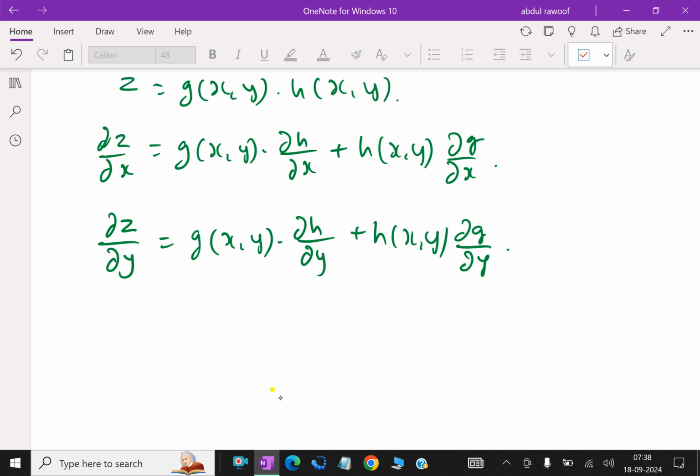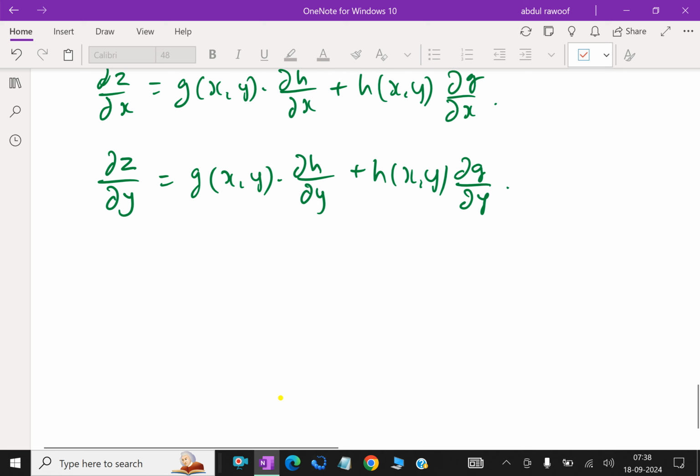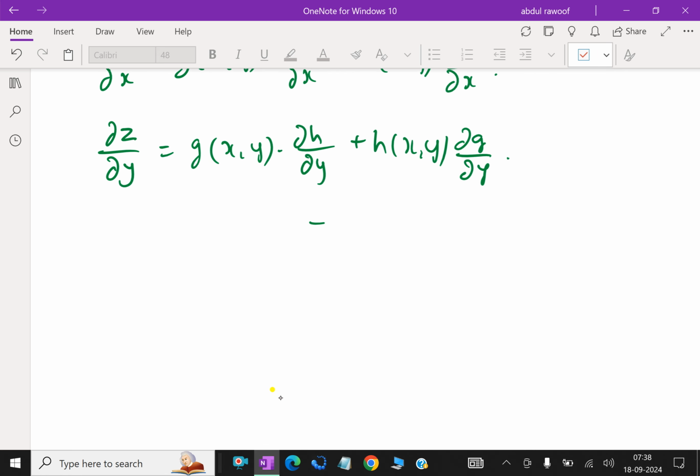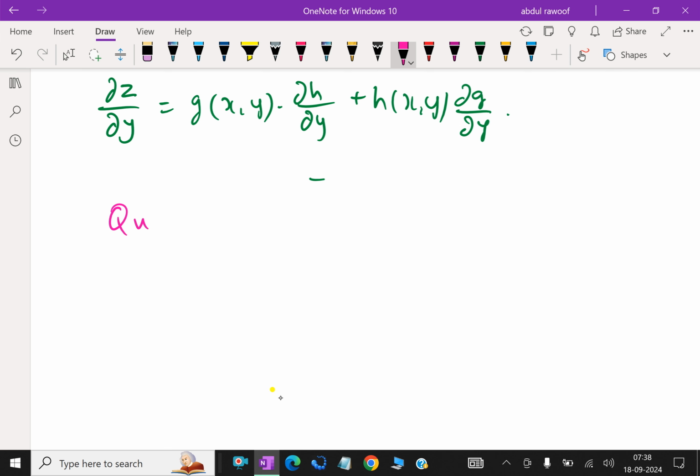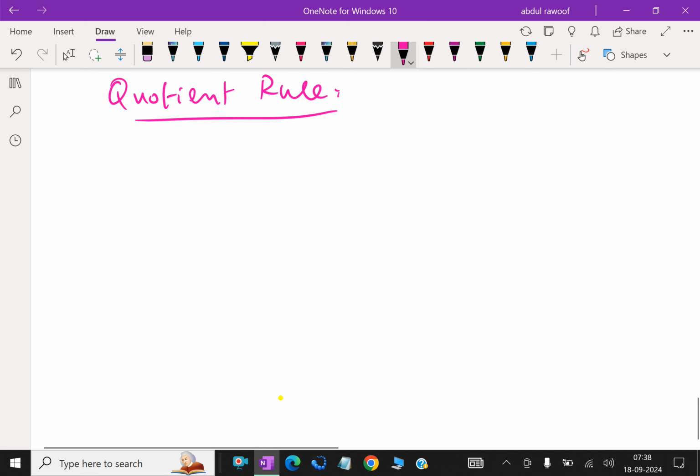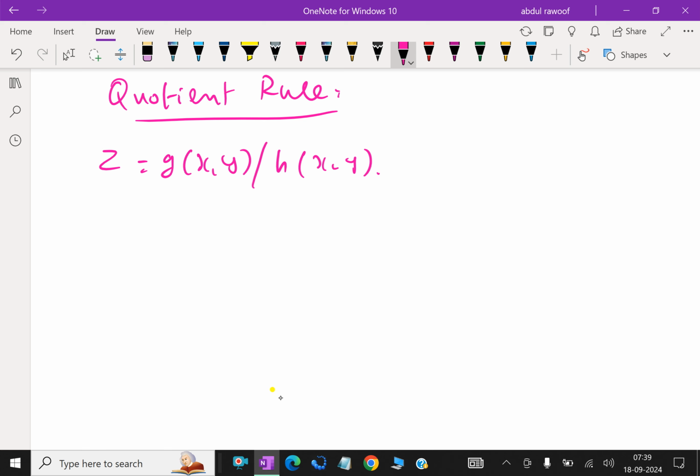Next is the quotient rule. Look here. The function z is g of x comma y over h of x comma y.